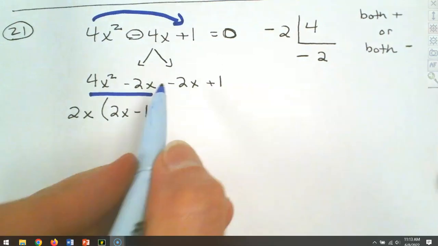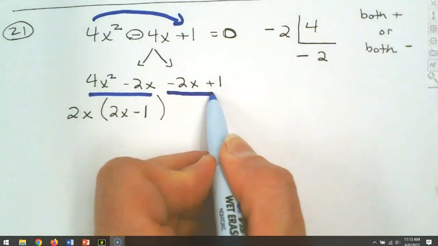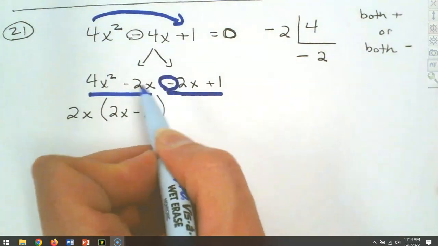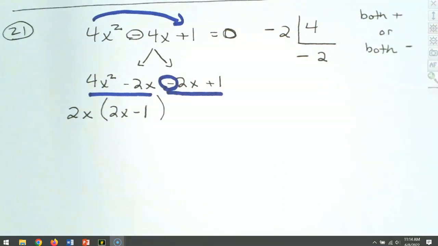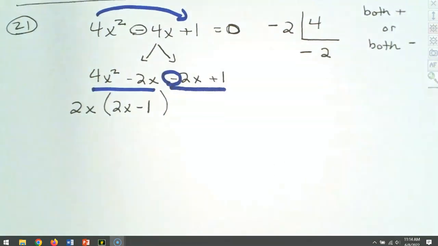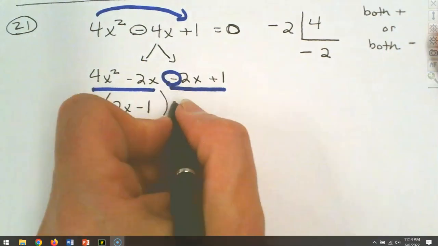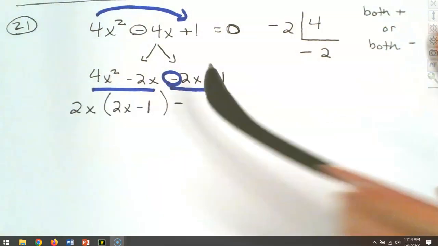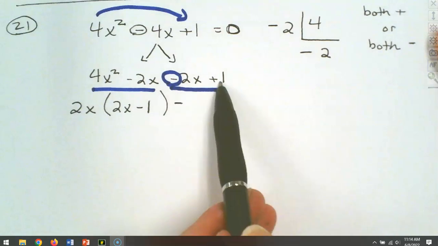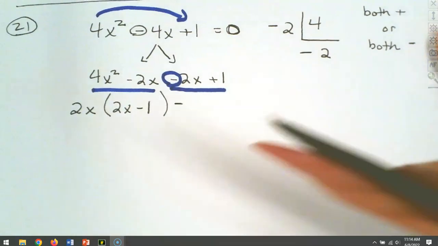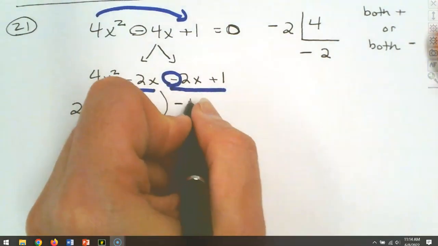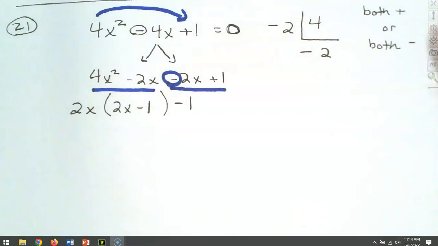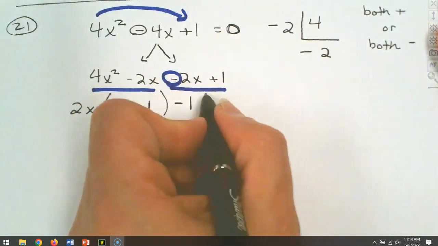Now remember, on the next one, we need to remember something. On the next one, what does that begin with? That 2x begins with a negative. So we automatically know we have to factor out a negative. And nothing else can come out because 1's a 2 and 1's a 1. So we can always factor out a 1. And in this case, the negative comes out with it. So we're going to factor out a negative 1. And that would change your signs.